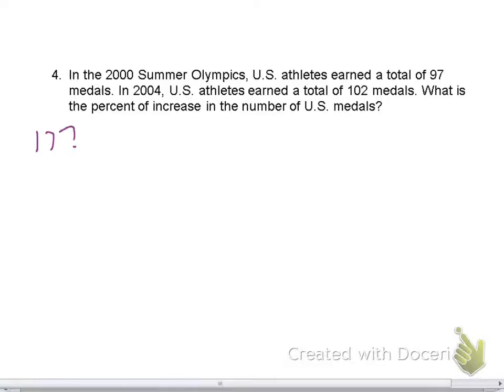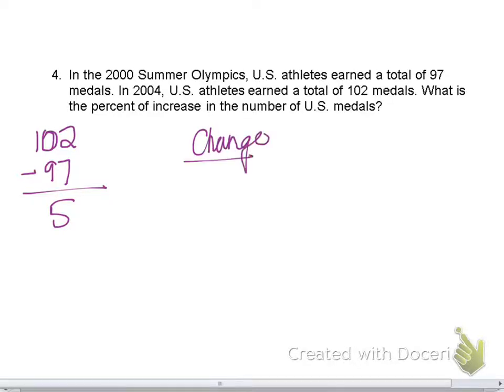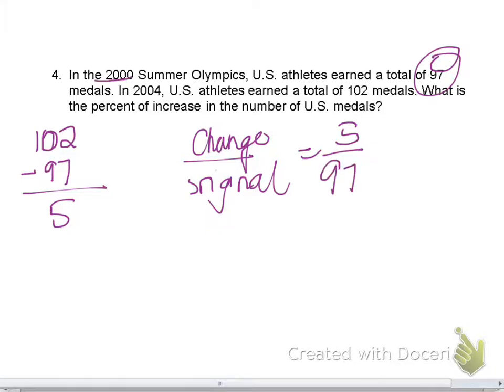So I'm going to take the larger number, 102 minus 97, and that equals 5. And then I'm going to put the change over the original in my ratio. So I have 5 over the original, which is the earliest date, so 2000, and that's 97.